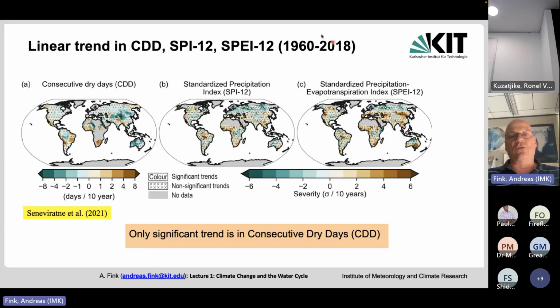And when we look into these values here, 1960 to 2080, there is no significant trend here over Southern Africa of this too. Only in the eastern part in what is called consecutive dry days. So the number of dry days during the year has increased significantly.